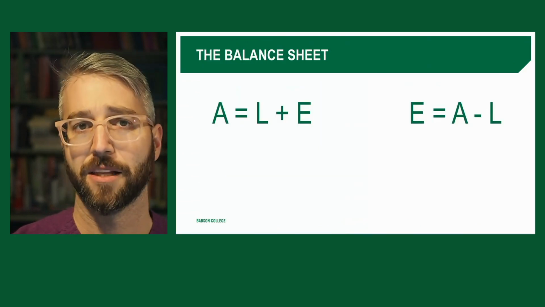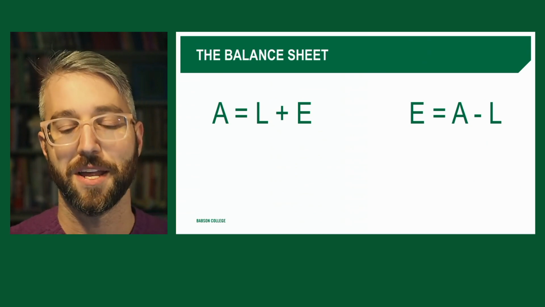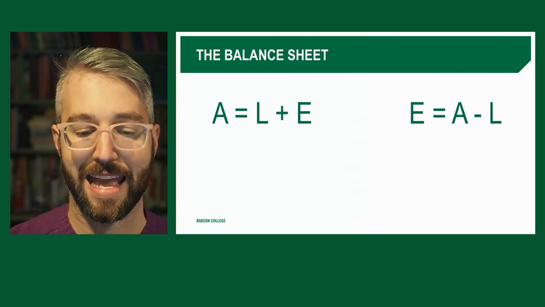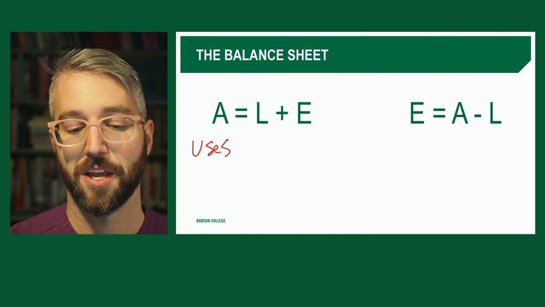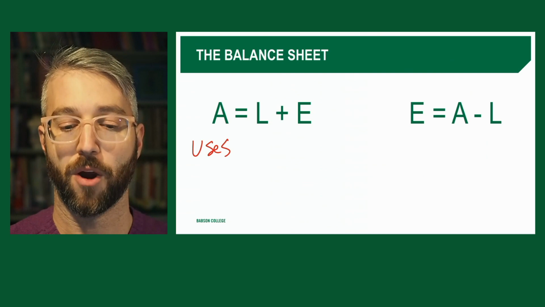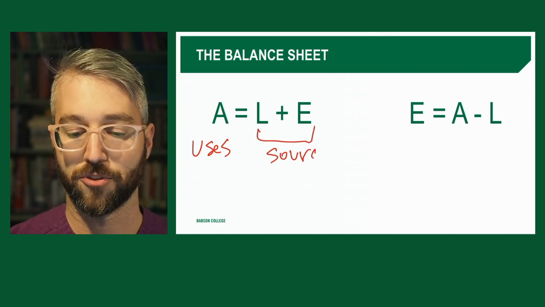Let's talk about the balance equation. So the balance equation tells us that assets equals liabilities plus equity. One way to think about this is anything the firm wants to buy, these are uses of funds. Anything the firm wants to buy, it's got to get the money to buy that stuff from somewhere. And where can it get it? Well, it's got to get it from one of two sources.